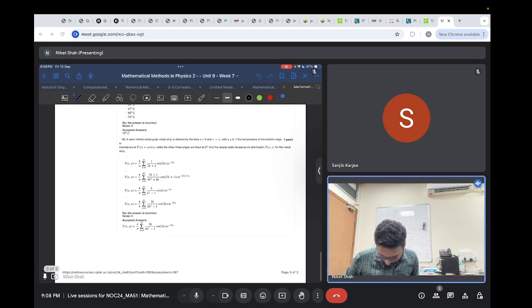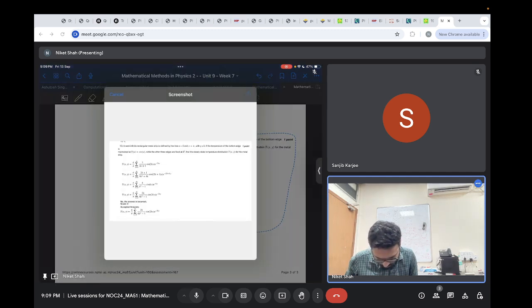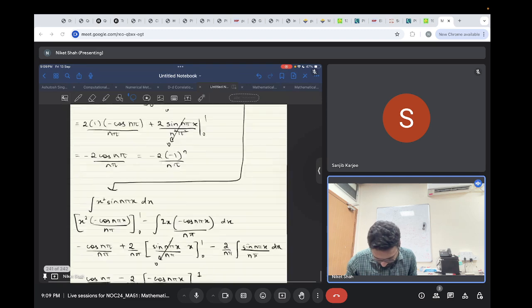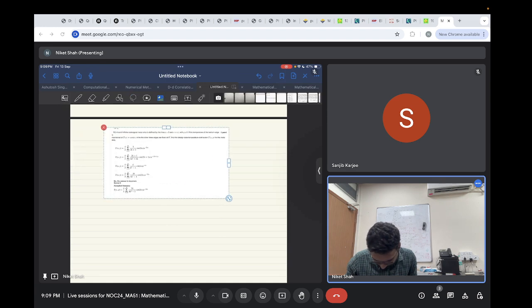This is my 10th problem. We'll just see this. The other problems are direct constant boundaries, so there is nothing to worry about. That's a very straightforward thing. Just for this, I'll see whether some hint is necessary.